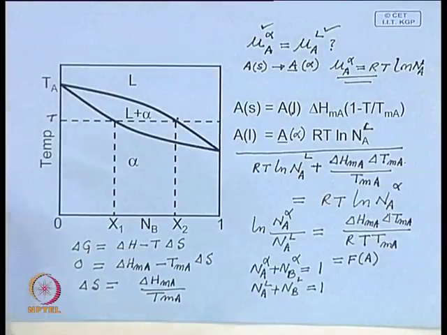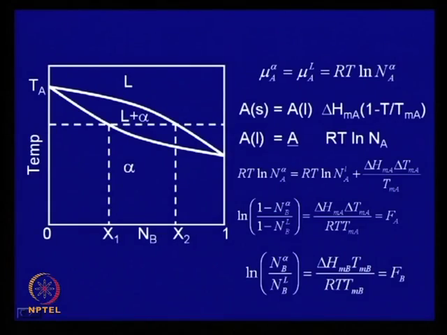So, with these, it is possible to construct the phase diagram from the thermodynamic parameters defining A and B, basically the enthalpy change in melting and the melting point. This is what you need. Then you can reconstruct one equation like this and another equation which is given over here.